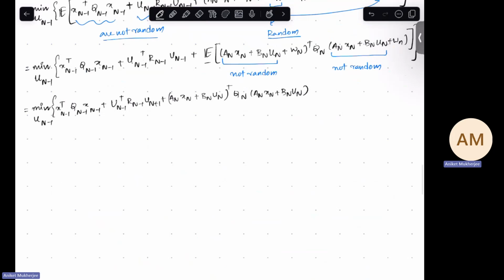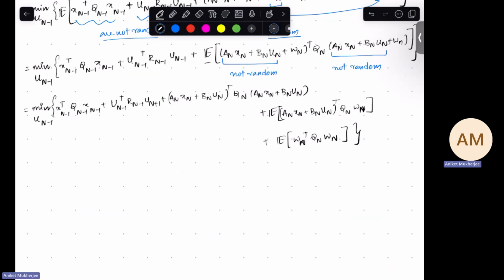But you'll have a term, plus expectation of An xn plus Bn un whole transpose Qn wn, plus expectation of wn transpose Qn wn, right? You'll have these three terms.